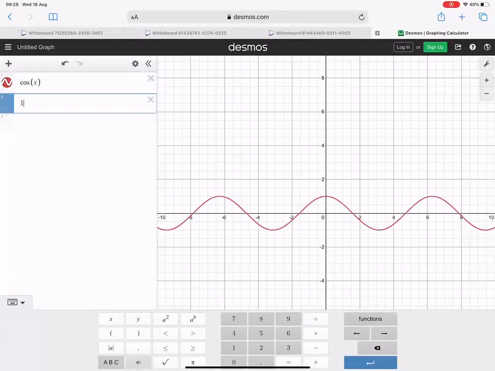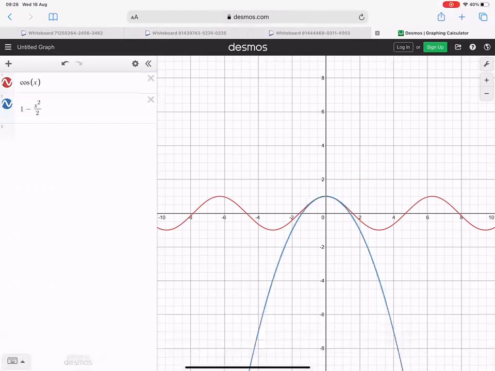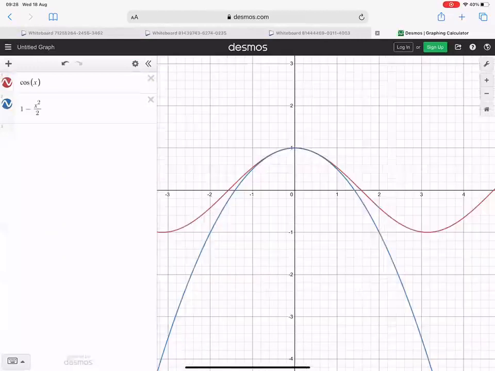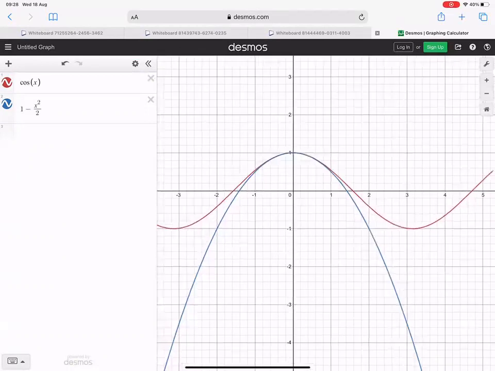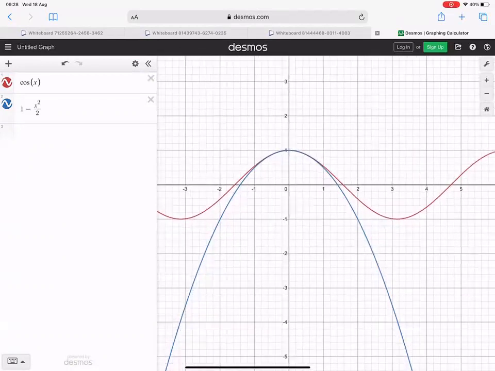Okay, and I'm saying is equal to 1, was it x squared over 2? Okay, I think it was minus, wasn't it, for the first term? So there you go. You can see that my function with the first two terms is quite a good approximation for cosine around the input of 0.